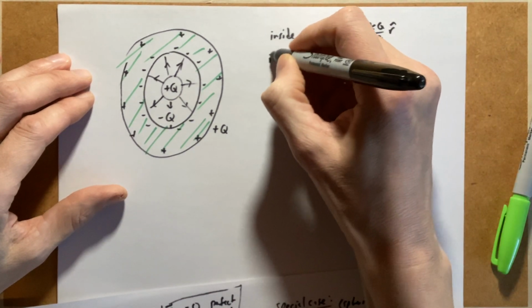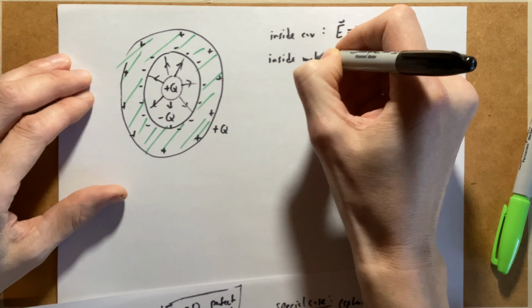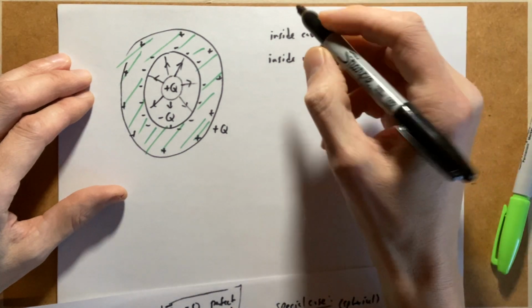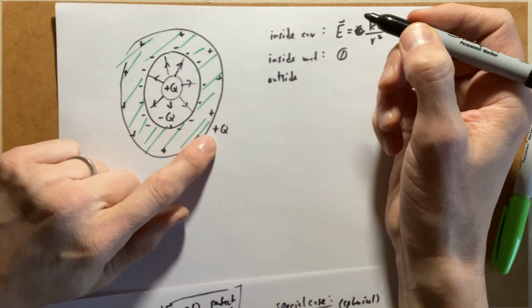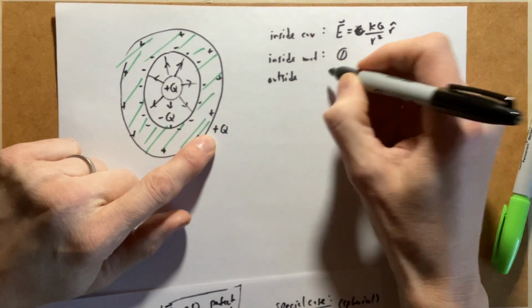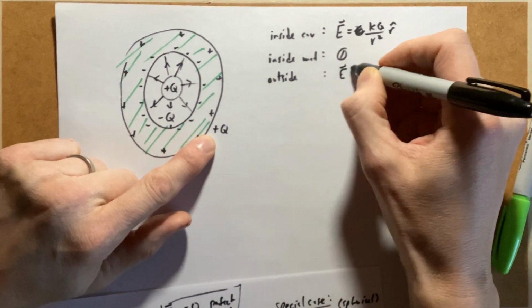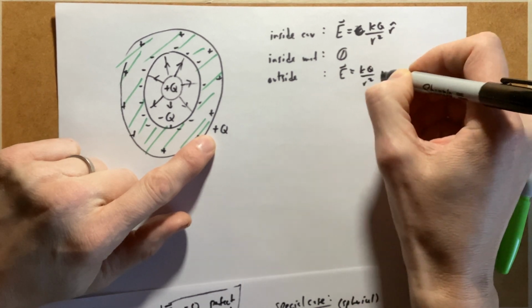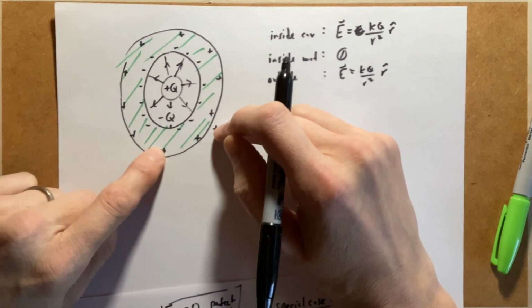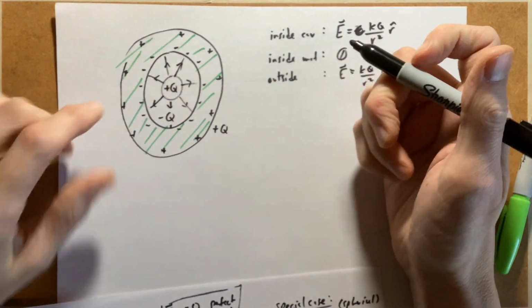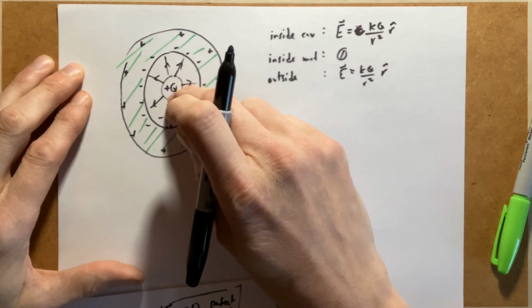Inside the material, you have nothing, perfect shielding. And on the outside, you pick up the plus Q again from the exterior. So outside the whole thing, you go back to KQ over R squared. And that is going to look like the field of a point charge that's collapsed right into the middle, where this, of course, already was.